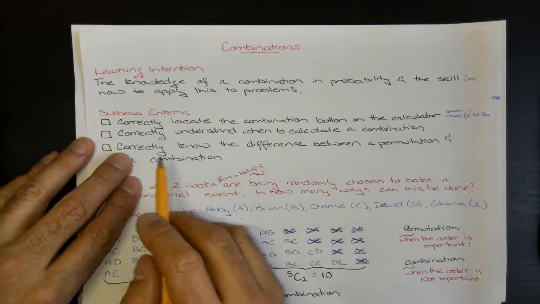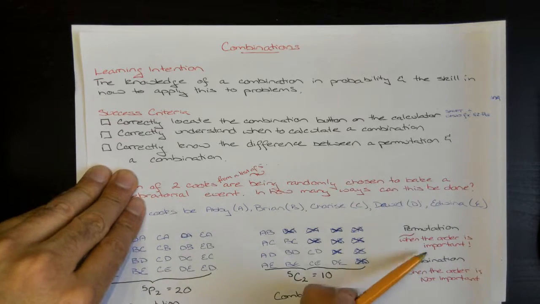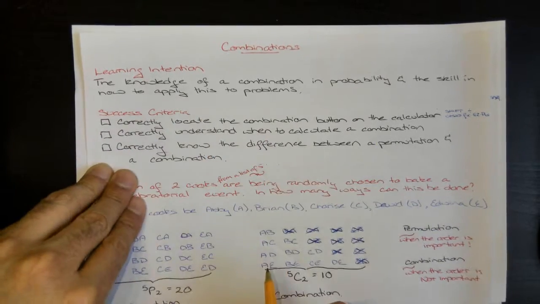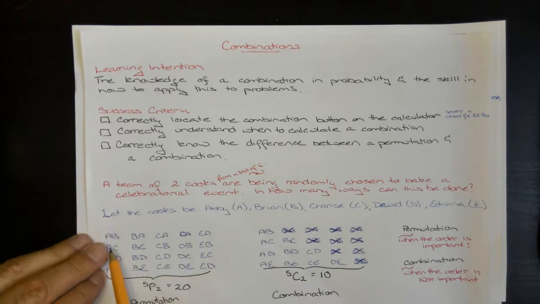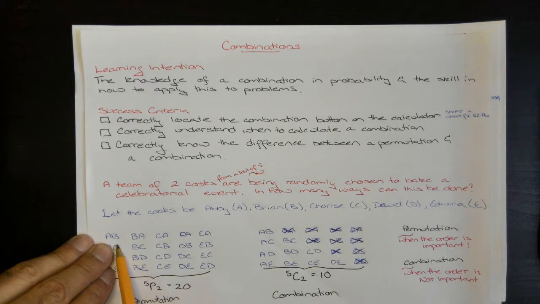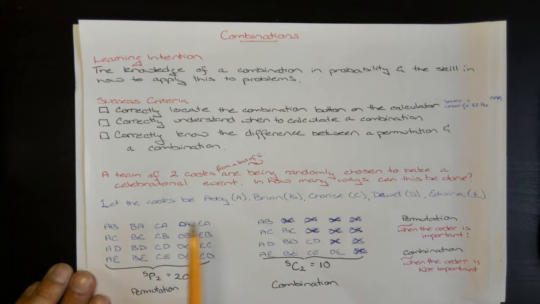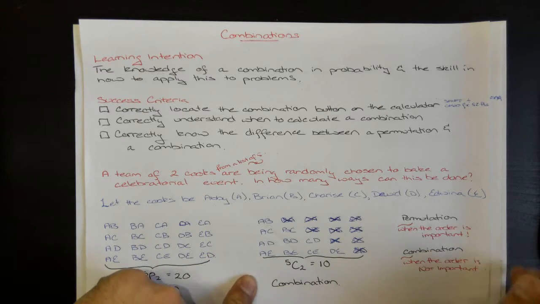And correctly know the difference between a permutation and combination. Permutation is when the order is important, so we want a specific order of alignment, where combination is when the order is not important. So Abby and Brian, in one case is important because Abby's first, Brian's second, but in the other, Abby Brian and Brian Abby are the same. So permutation when order is important, combination when order is not important.